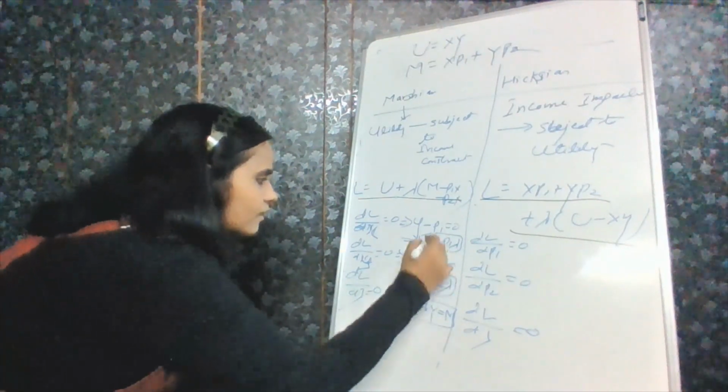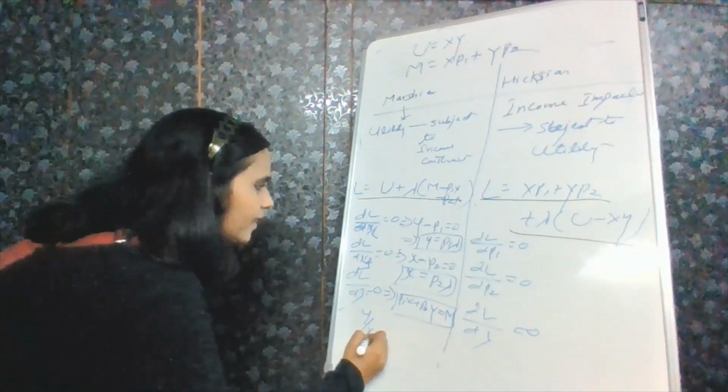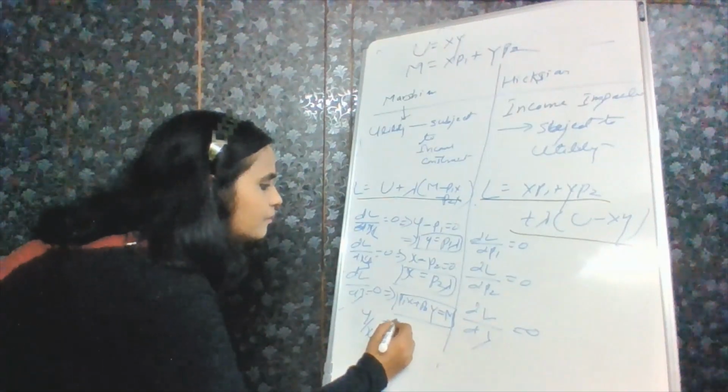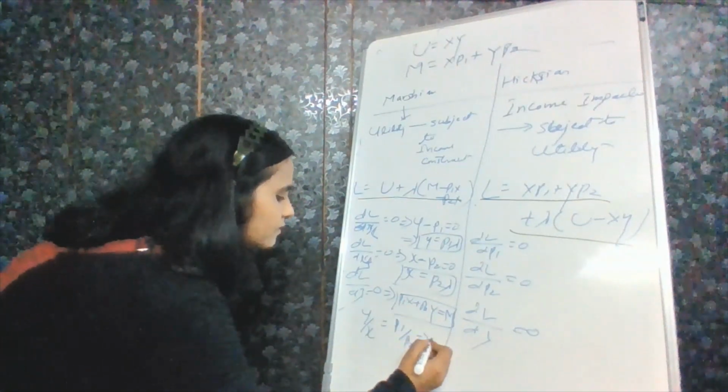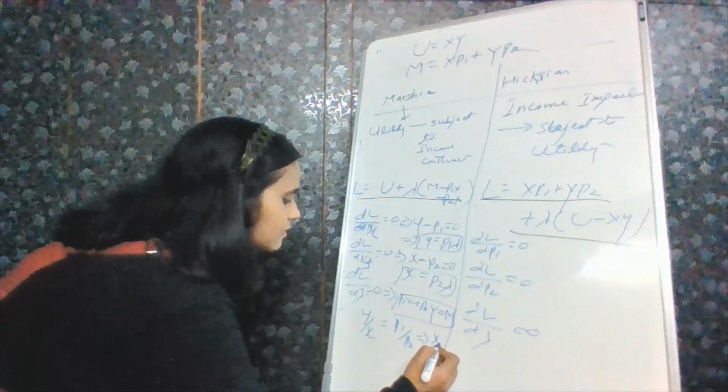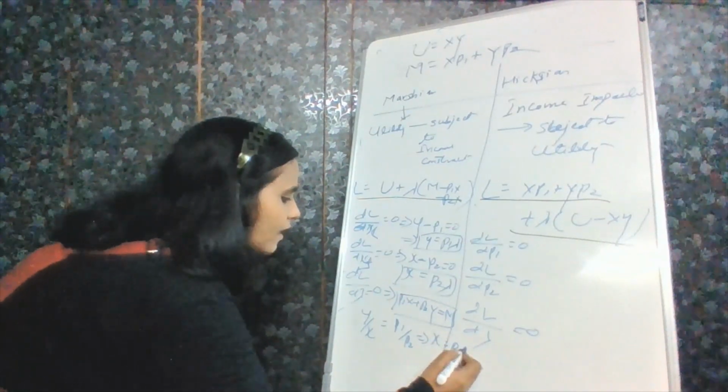So just divide: y divided by x becomes p1 by p2, so x becomes p2 y by p1.